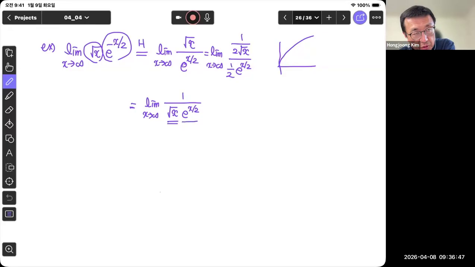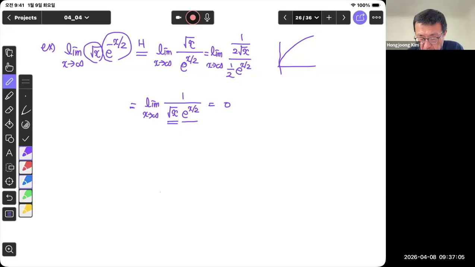This exponential function also diverges to infinity. So the denominator increases without bound while the numerator is just 1. So the limit will be 0. So that is another example.